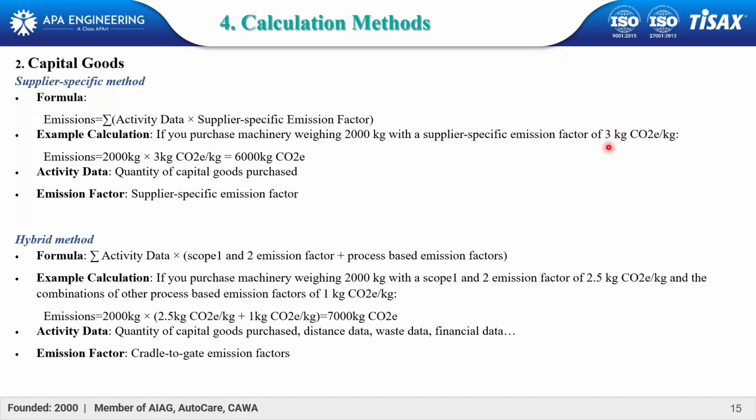So we move to the second category, the capital goods. It is similar to the purchased goods method. The supply-specific method also relies on supplier-specific data.